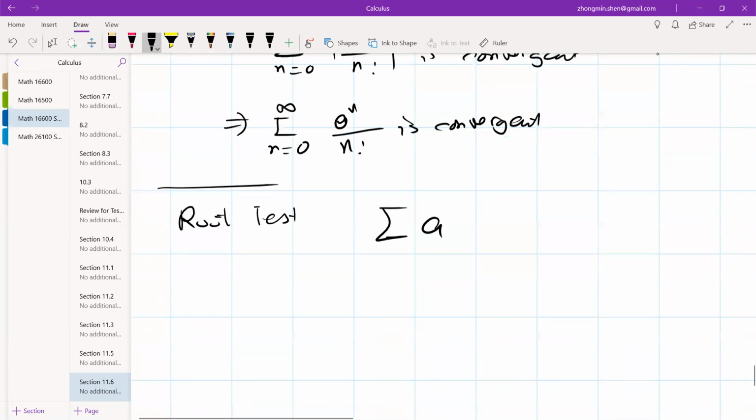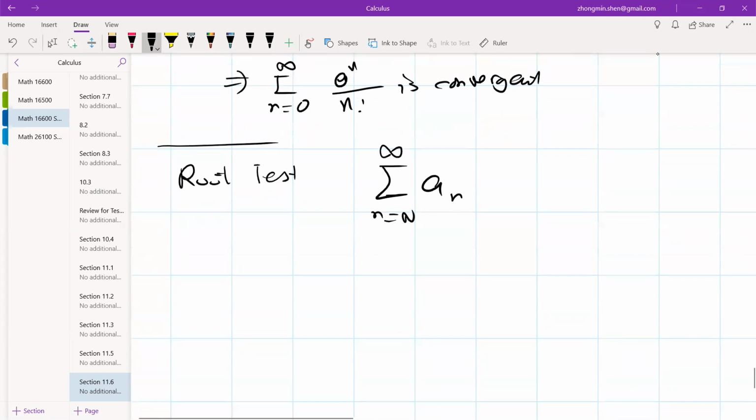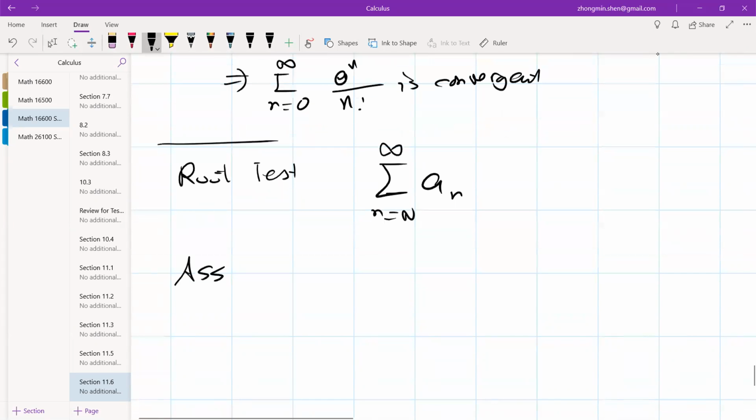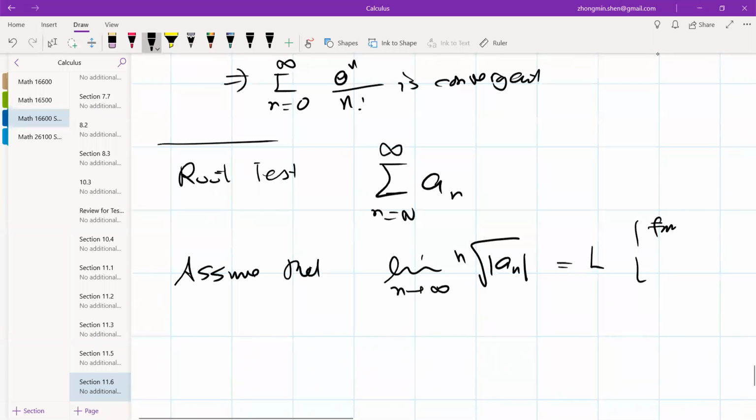this series, n starting from capital N to infinity. And not necessarily to be non-negative, okay, but we assume that the statement is very similar. So assume that the limit exists or is infinite, okay? As n goes to infinity, the nth root of the absolute value of a_n is supposed to be L, and it could be finite or positive infinity, either way.